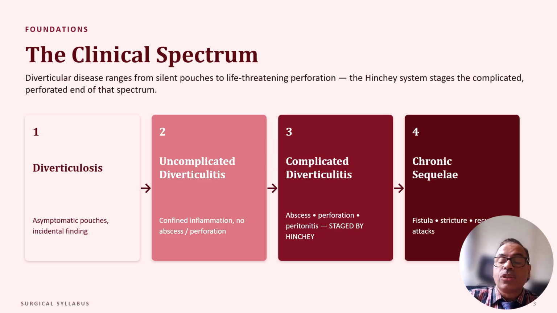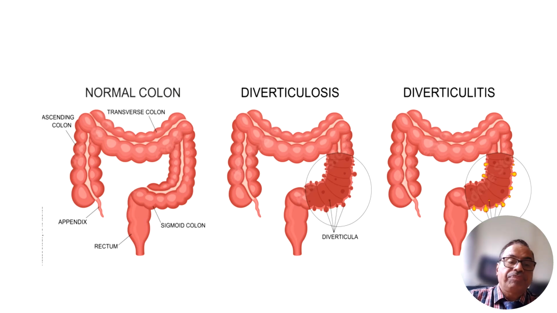And then there are certain chronic sequelae of long-standing diverticulitis, and that is internal fistulization, especially the ileocolic or colocolic fistula, intestinal obstruction because of hypertrophy of the muscular layer leading to luminal narrowing, or it can also lead to recurrent episodes of diverticulitis.